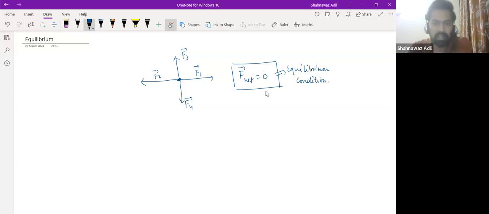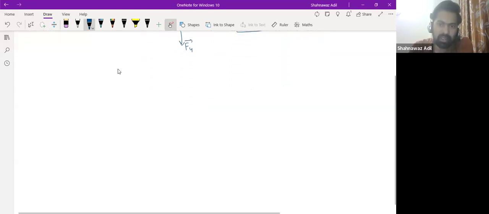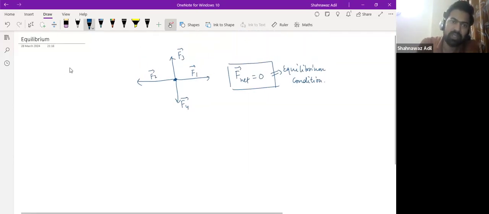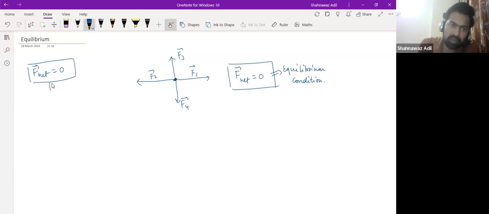But in electrostatics, we have two kinds of equilibrium, right? So what is the definition of equilibrium? F net is 0 for equilibrium, right? If F net is 0, then this is called equilibrium.